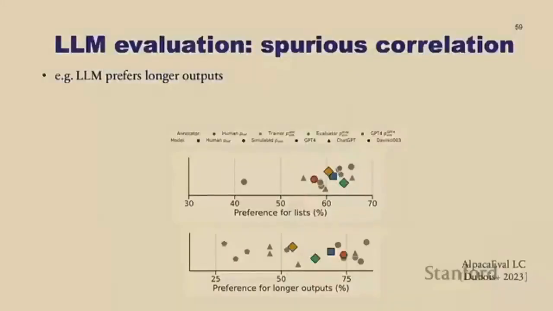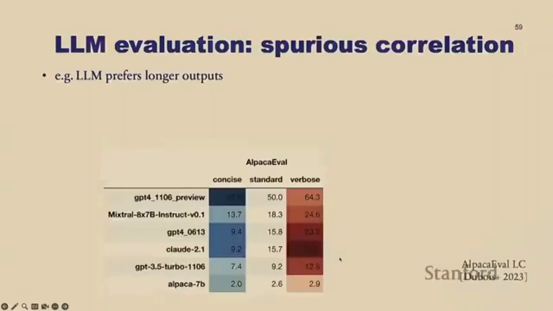So here we see the preference, showing that humans and models prefer longer outputs. And here is another view of the initial AlpacaEval benchmark. When we look at the win rate of GPT-4 versus GPT-4 itself, if we use the standard GPT-4, it gets 50% by definition because we're comparing GPT-4 versus GPT-4.